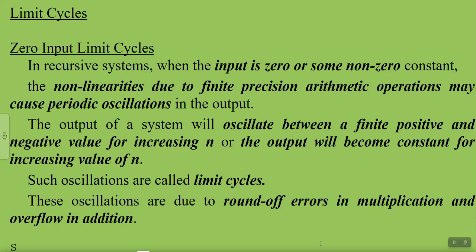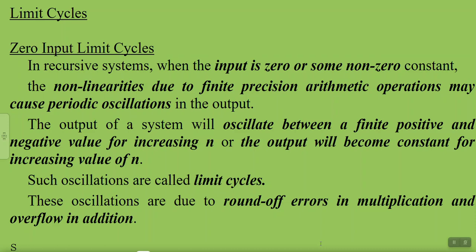The next topic is limit cycles. In a recursive system, when we apply the input as 0 or some non-constant value, some non-linearities will occur due to the finite precision arithmetic operations.